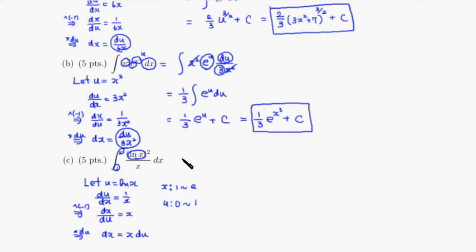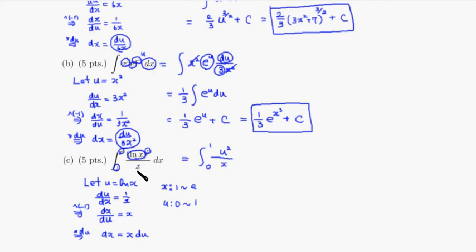So this integral can be rewritten as the integral from 0 to 1, instead of 1 to e, of natural log of x, which we decided to call u. We still have to square that, divided by x. I'm going to leave x as it is.